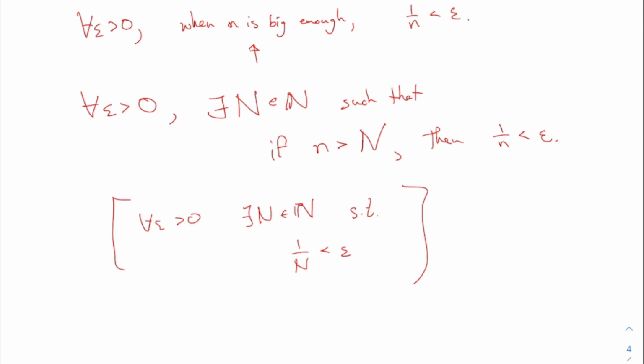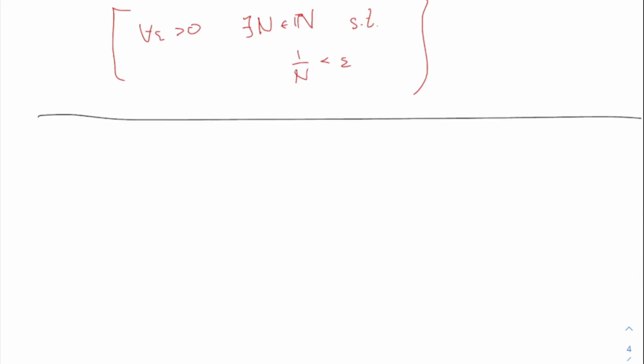Let me just write this out as a complete definition, because I know that was a bit disjointed here. So here's my definition. Yes. So I'll say let an be a sequence.